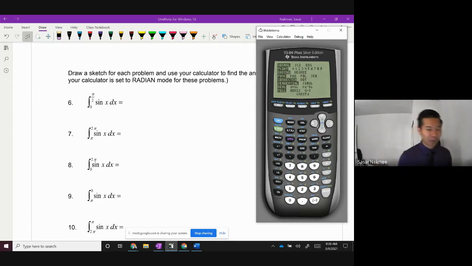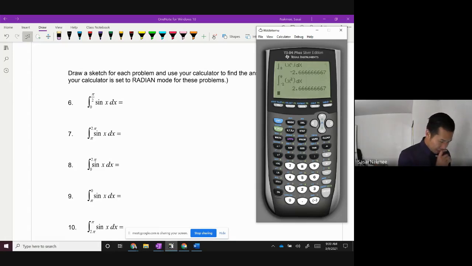It will mess up your answers, because remember, radians is 0 to 2 pi. Degrees is 0 to 360. They might seem similar, but the calculator does them a little bit differently. Your calculator calculates trig functions when you do integrals and derivatives in radians. It just does approximations in radians. So it's important to have your calculator set to radian.